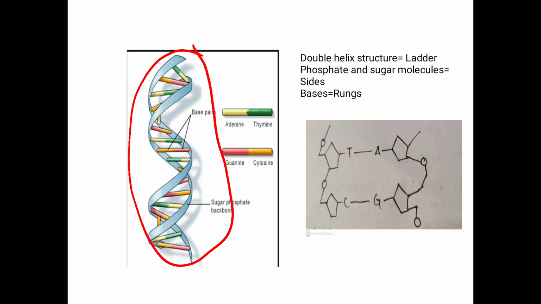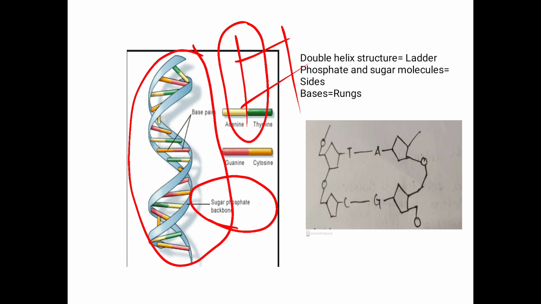Now let us see this structure as a ladder. The sides of the ladder are comprised of phosphate and sugar molecules, called the sugar phosphate backbone.